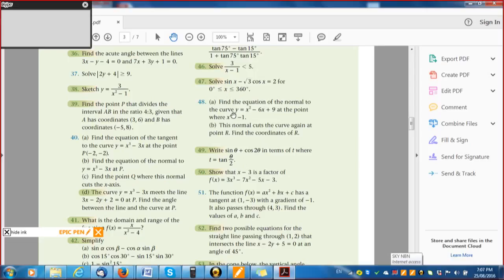Okay, the normal. All right, so the tangent to a curve is basically some line that shares the same gradient as the curve. Got it?